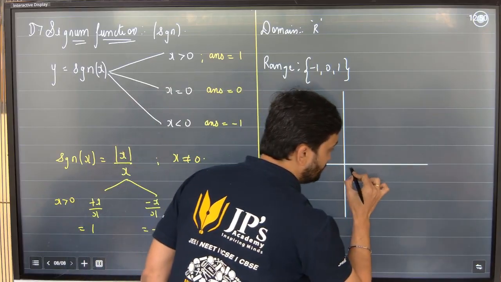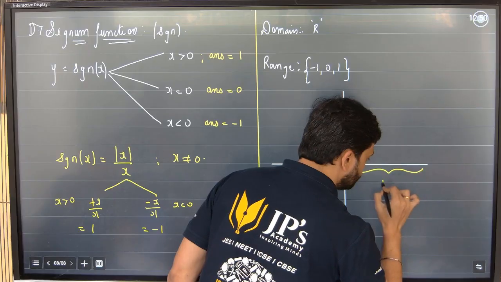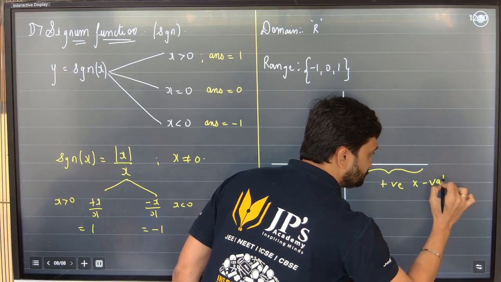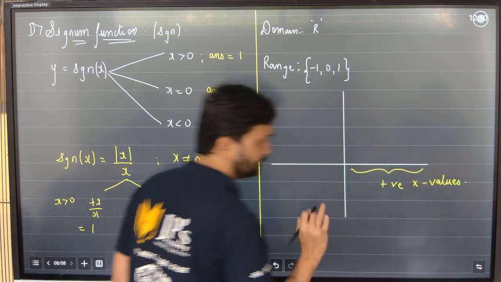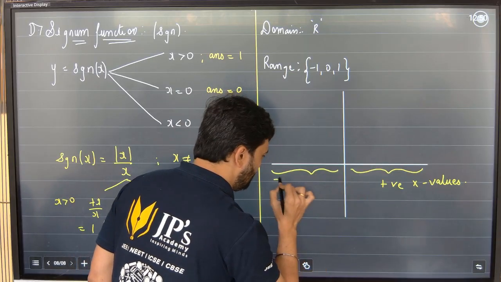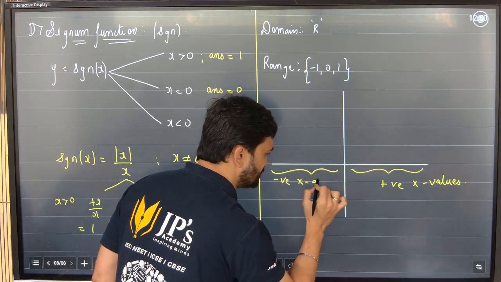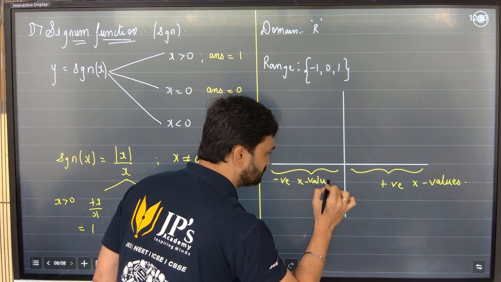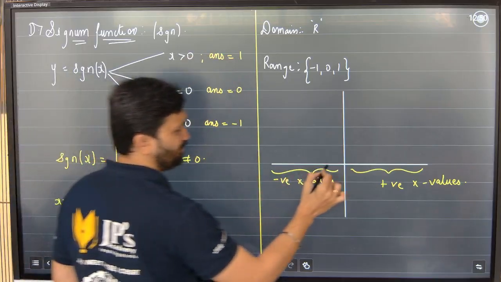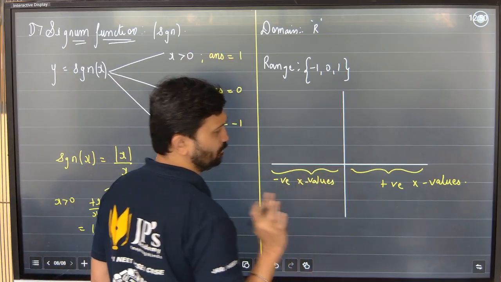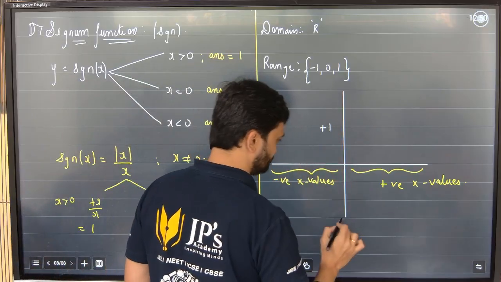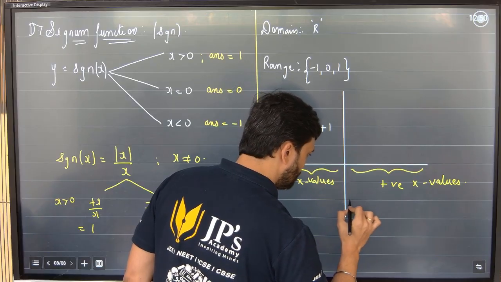Guys, this is your positive x. These are your positive x values. These are your negative x values. Okay? Because look, there are two conditions, x positive and x negative, and this is our friend 0. I will take this as +1. I will take this as minus 1.